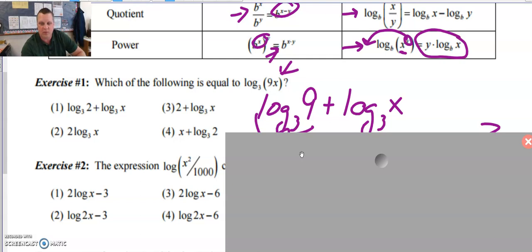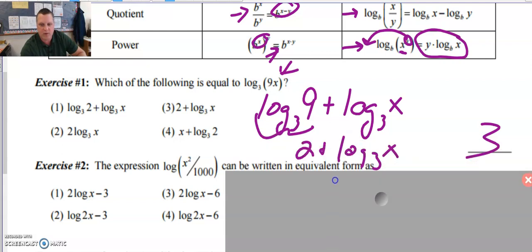If you have all numbers, like log base 3 of 9, we did this previously. You could throw it right in your calculator. Log base 3 of 9 is 2, plus log base 3 of x, which is the same as choice 3.